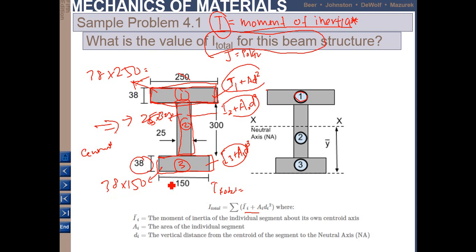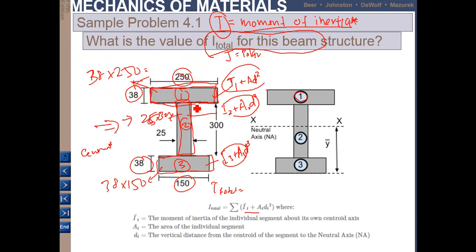Each is this side times this side, because it is the area. So 38 times 250 gives 9,500, 25 times 300 gives 7,500, and 38 times 150 gives 5,700.